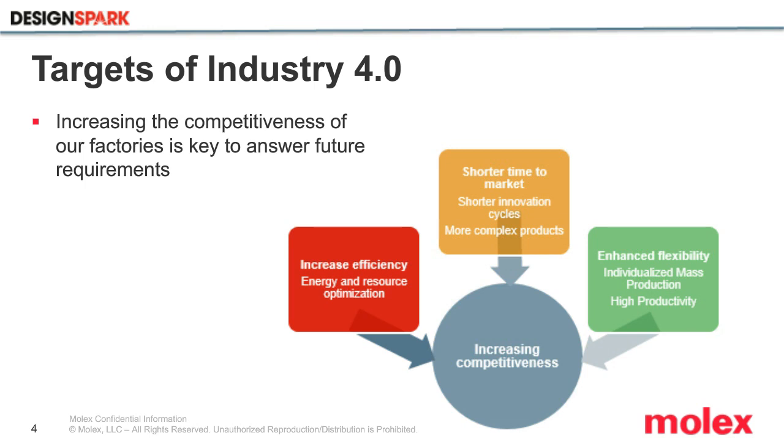Increasing the competitiveness as well by a shorter time to market. That is vital nowadays to stay ahead of the competition, to develop faster products that are getting more complex, and as well to be able to get them quicker in production.